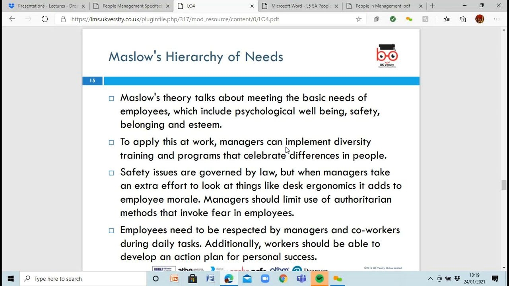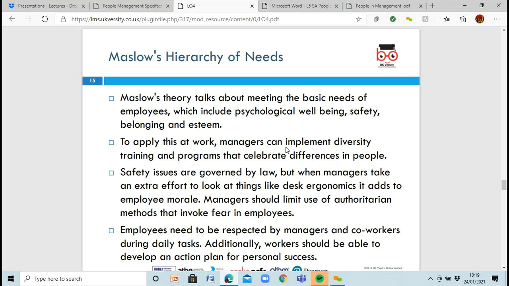So like we mentioned previously in another learning outcome, where managers actually take that extra step to look after their employees, it makes the employees a lot happier at work. They're feeling more comfortable at work.